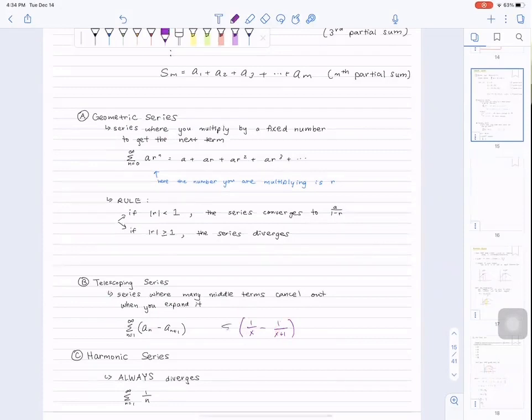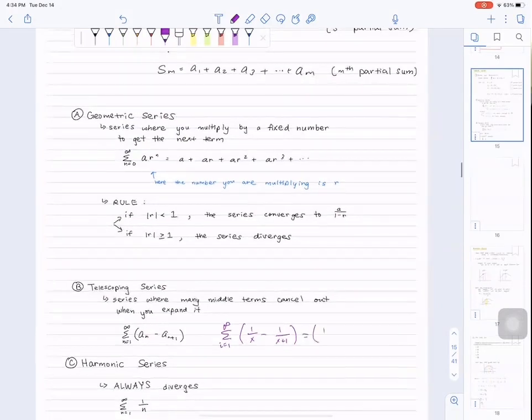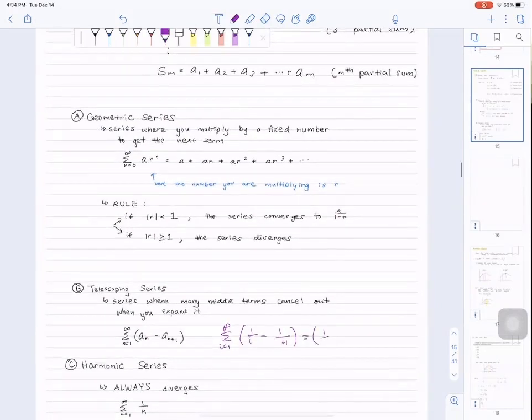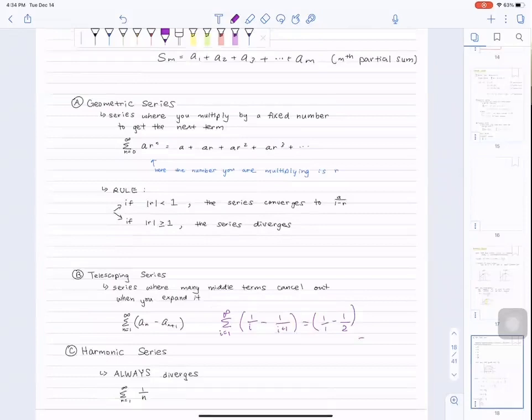And depending on whatever sum you're writing out, like i equals 1 to infinity, you can start writing out the terms. So let me write this as i's. You can start writing them out like 1 over 1 minus 1 over 2, plus, that's for i equals 1. Plus, what do you get for i equals 2? You get 1/2 minus 1/3, etc., and you'll notice that all of the middle terms will keep canceling out.